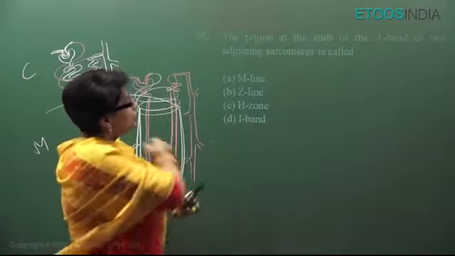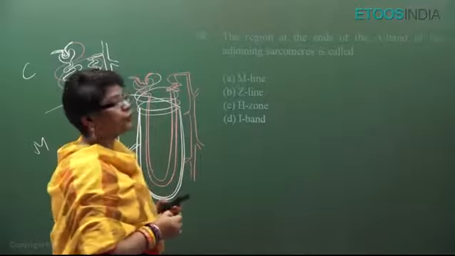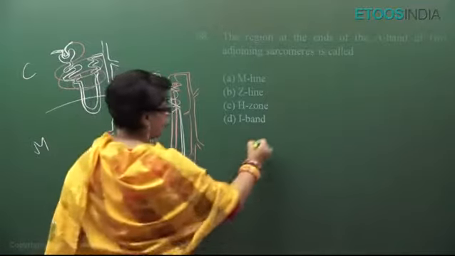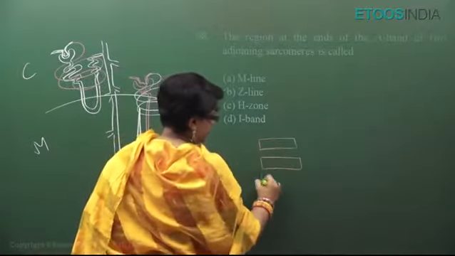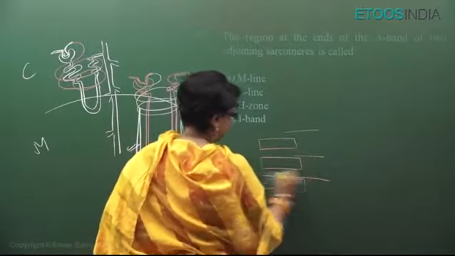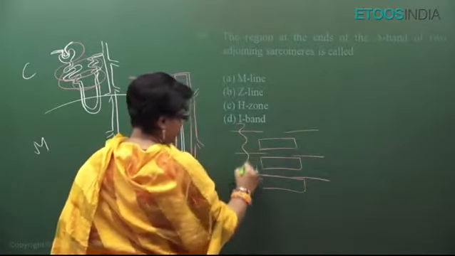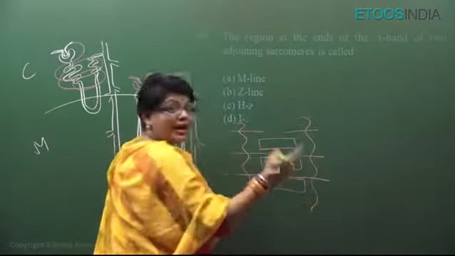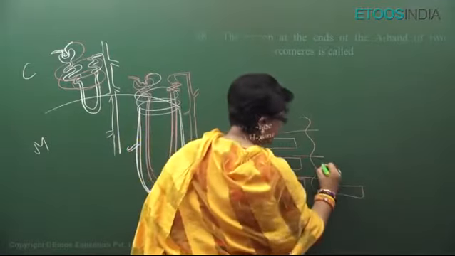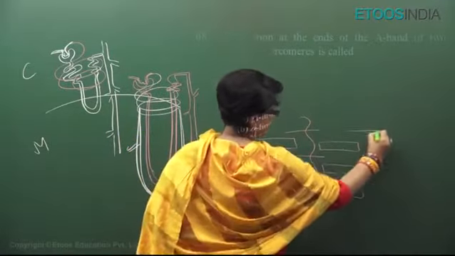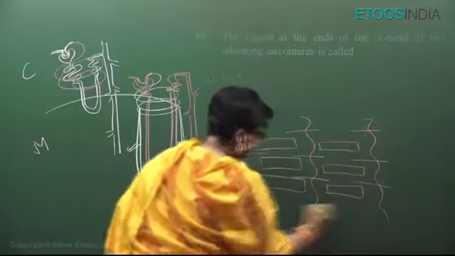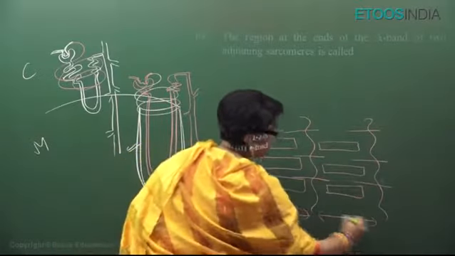Now, the region at the ends of A band of two adjoining sarcomeres. Suppose this is A band, I band, this is one sarcomere. Two adjoining sarcomeres means this is another sarcomere. This is one sarcomere, this is the second sarcomere.